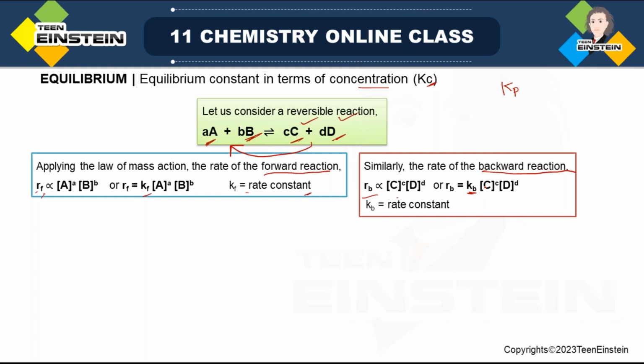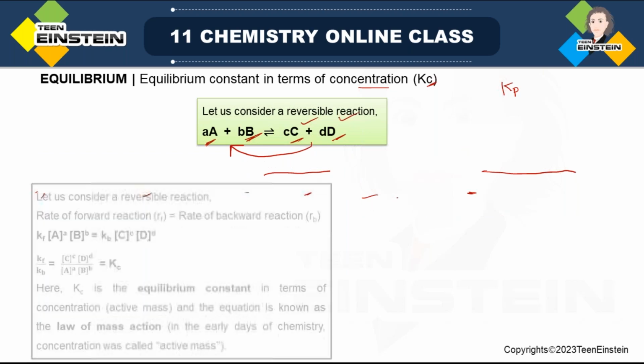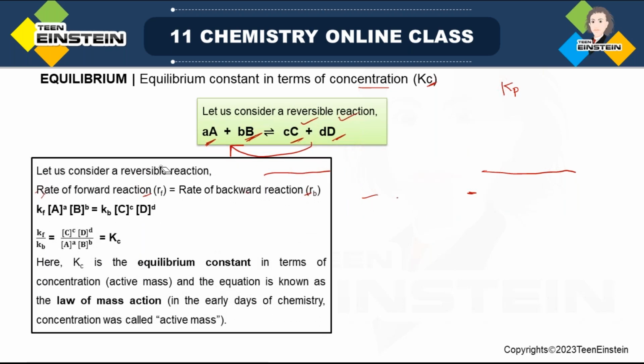Fine. Up to this point, I hope it is clear. The next step is the reversible reaction that we have considered. Once the equilibrium is reached, we know the condition: the rate of forward reaction, rf, equals the rate of backward reaction.